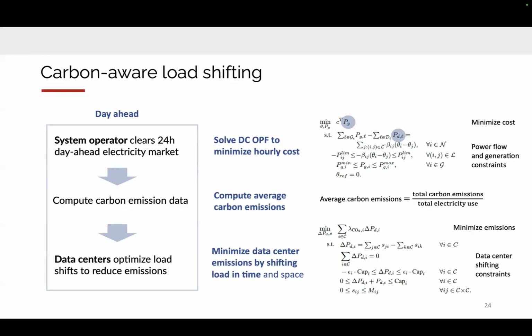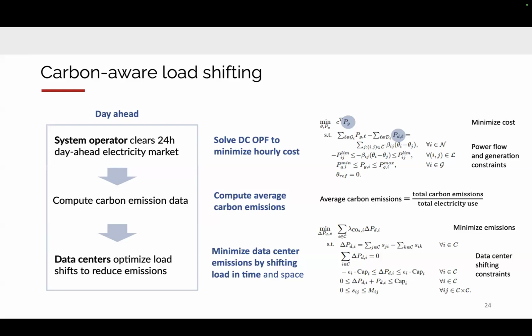We've also explored this question in terms of bi-level modeling. We looked at a version where we had a data center in an upper level problem, allowing the data center to adapt its load to try to minimize emissions in the grid.